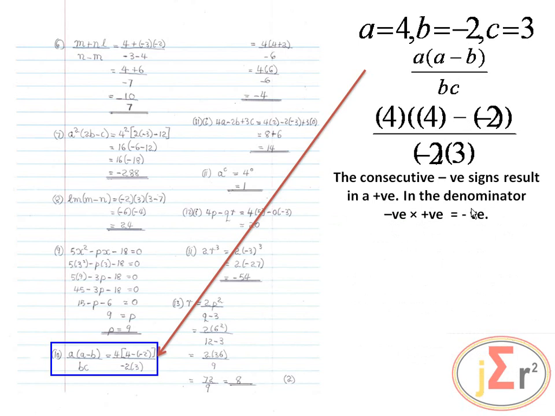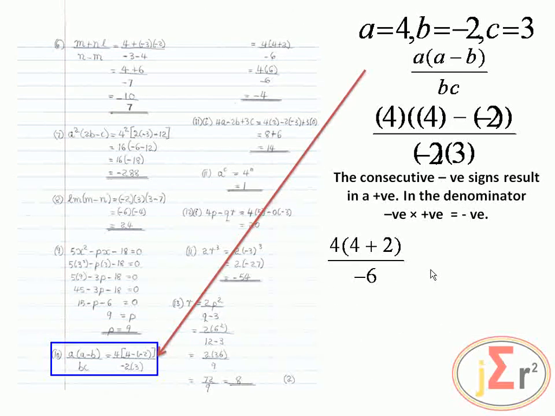The consecutive negative signs result in a positive, and in the denominator we have negative multiplied by positive is equal to negative. So we will have 4 minus negative 2 to be 4 plus 2, and we will have negative 2 times 3 will be a negative 6.